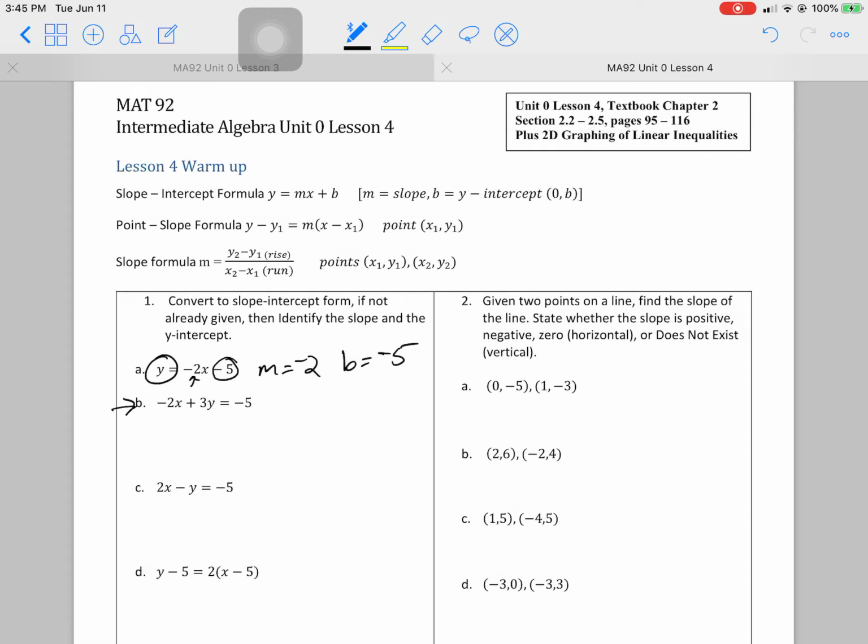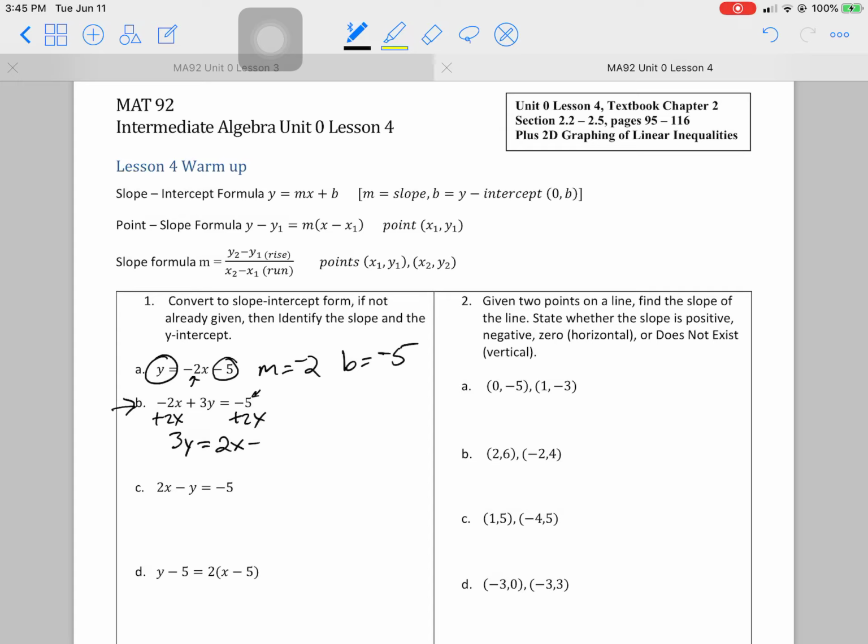So this next one is in standard form, so you can't just glance at it and see what your slope and your y-intercept is. It has to be converted from standard form to slope-intercept form. So that means we want to solve for y to get it alone on one side. First thing we want to do is move the x term to where it belongs on the other side. And make sure you shove over, this is going to end up being part of the b, so you want to move it over.